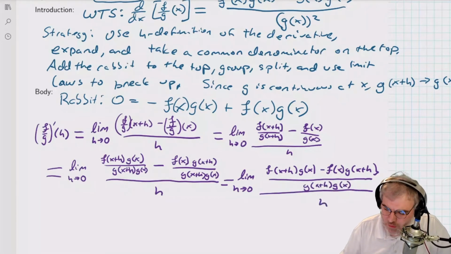Now, because I wrote a thing that said I was going to take a common denominator, I could have actually gone straight from here to here and skipped that step. Because I wrote a strategy, this step was optional.